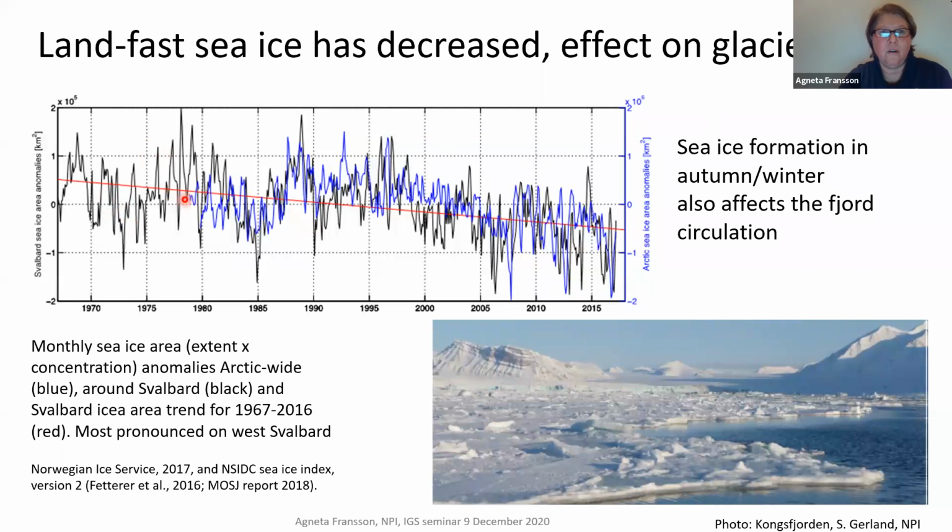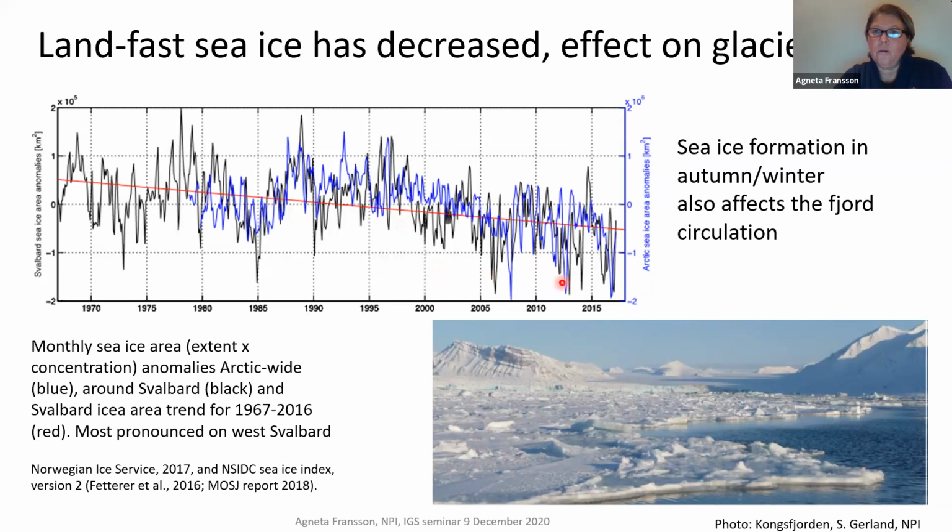The black is Svalbard, and the blue is Arctic sea ice extent. And the red is a trend for the Svalbard sea ice extent during this period, and this is a decreasing trend.